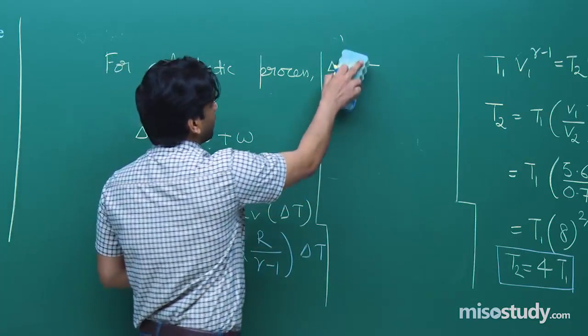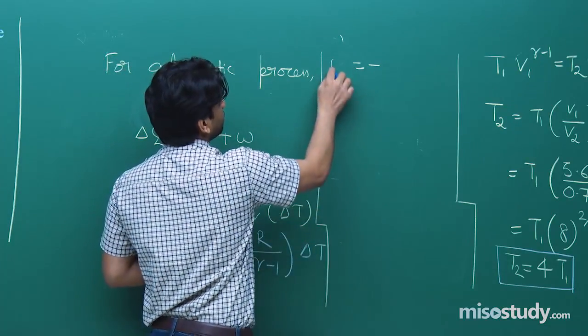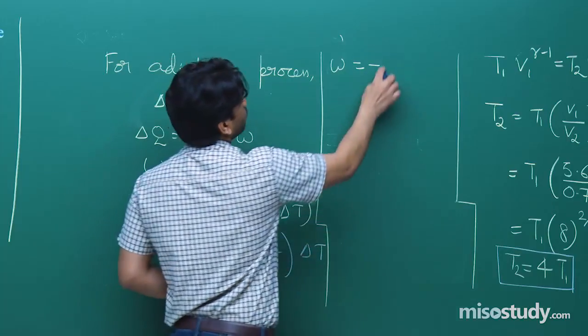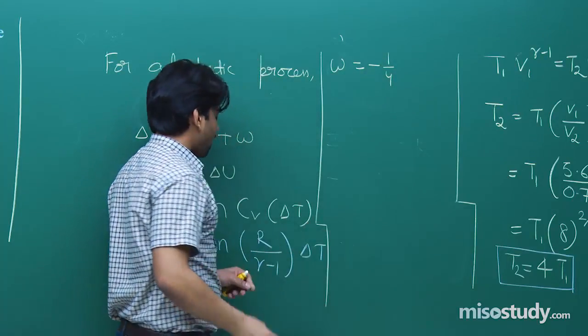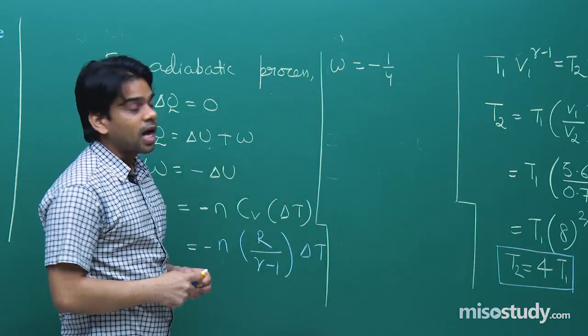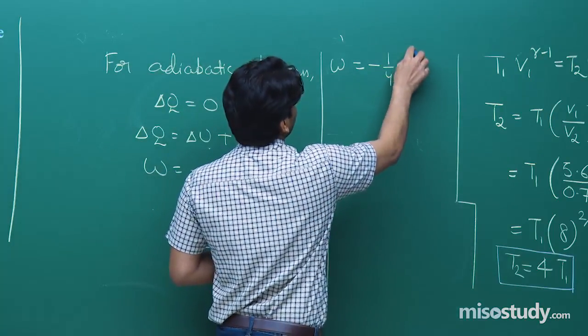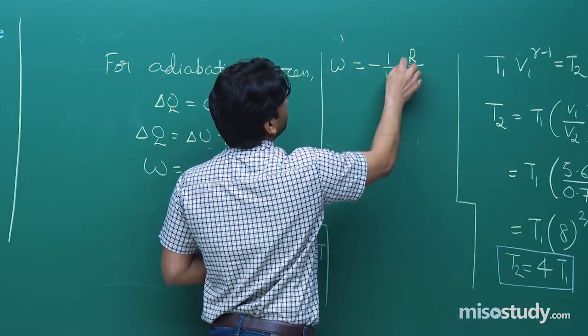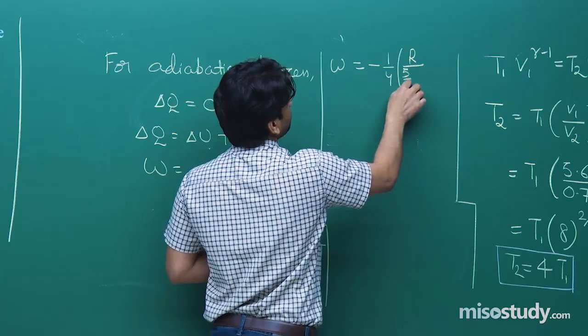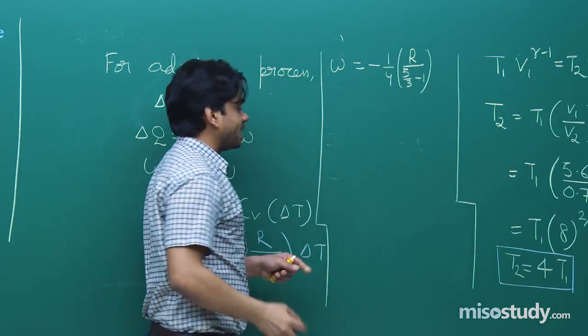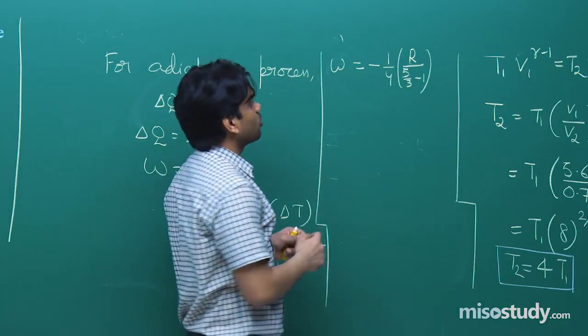So let us use W directly, that will give us the work done. Work done is equal to minus n as 1 by 4, and then R upon gamma minus 1, 5 by 3 minus 1, multiplied with delta T, T2 minus T1.